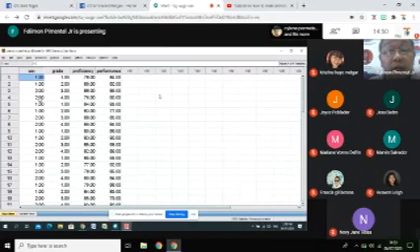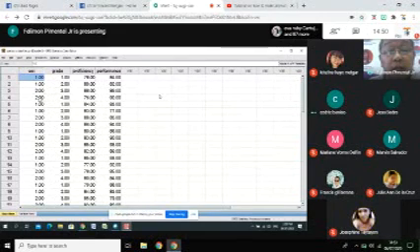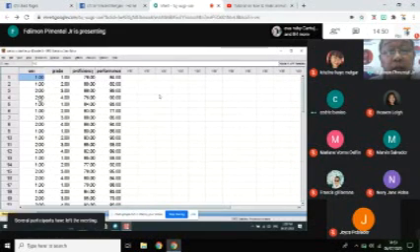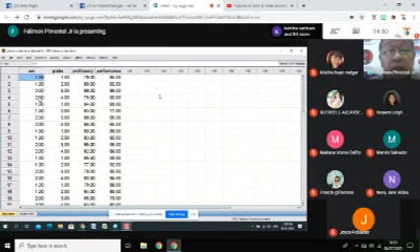Okay, so in the non-parametric analysis, we will have first the Mann-Whitney. The question for the Mann-Whitney is, is there a significant difference, just like in our former example in the parametric analysis?